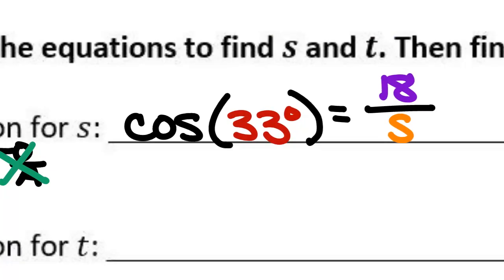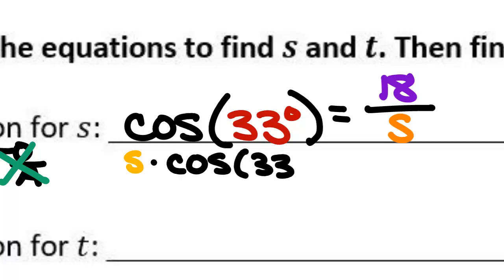So I would multiply both sides by S. So I would have S times the cosine of 33 degrees is equal to 18.